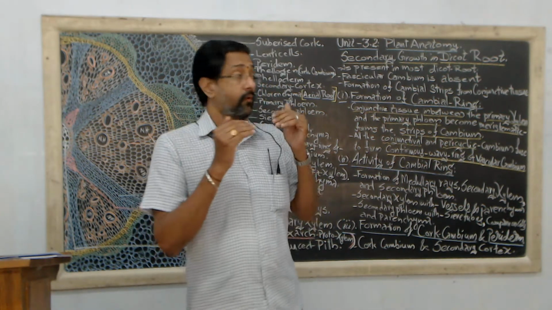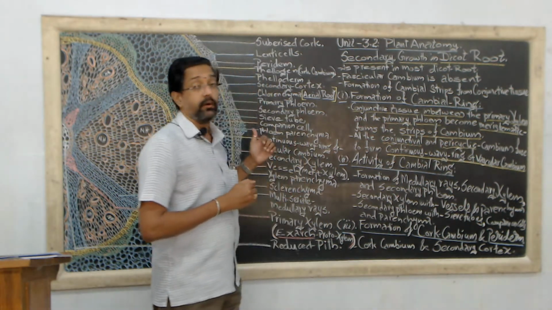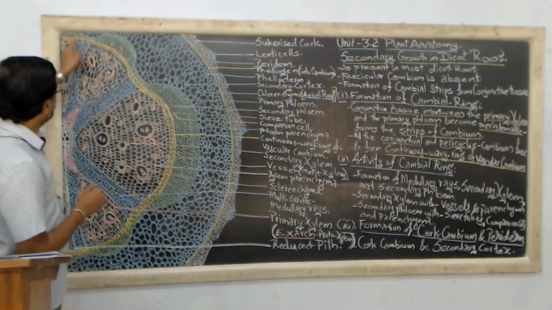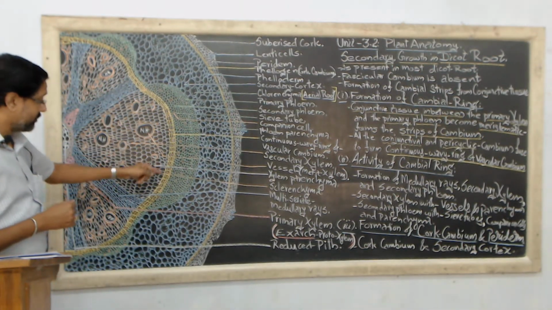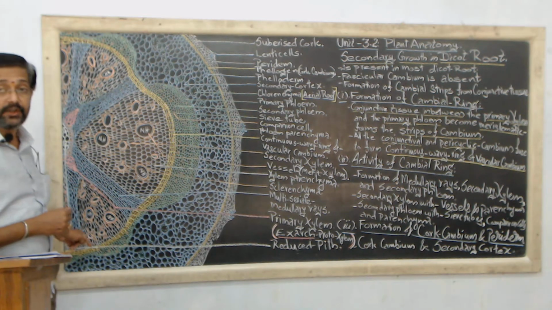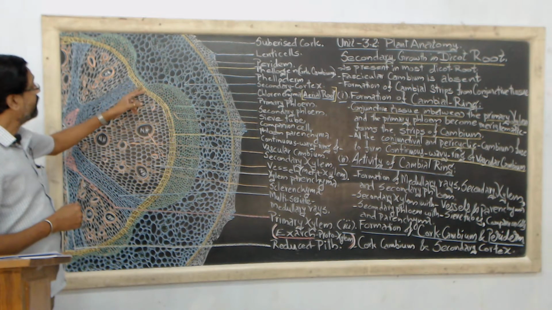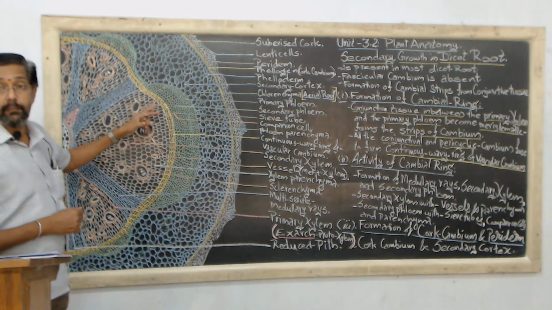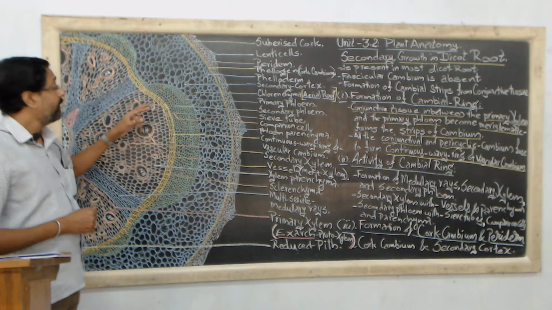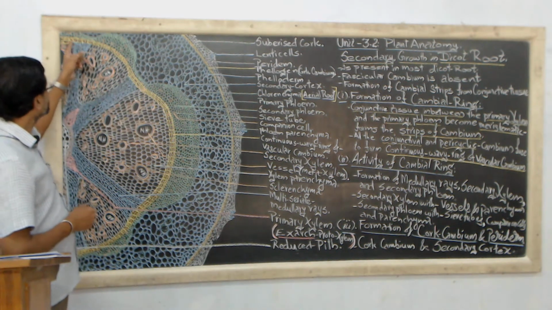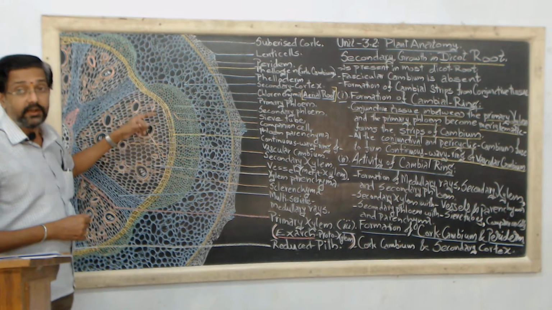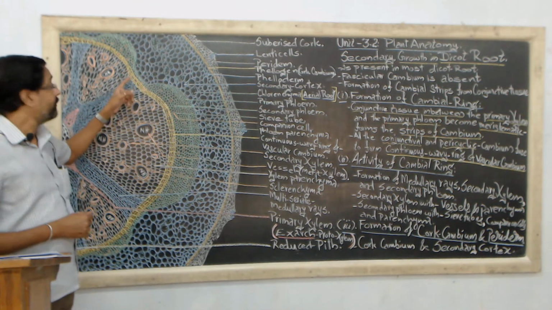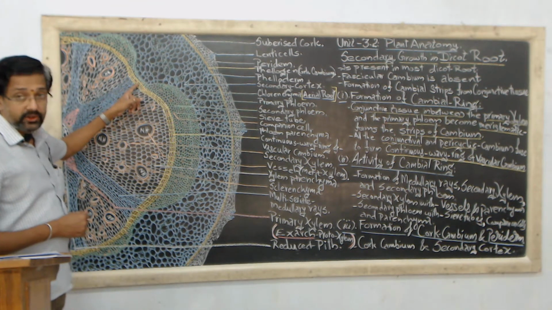But what we can see here in the root system is that the vascular cambial area is differentiated. In the cross section or the diagrammatic sketch, we can see a strip of cambium that is first formed from the pericycle cells.